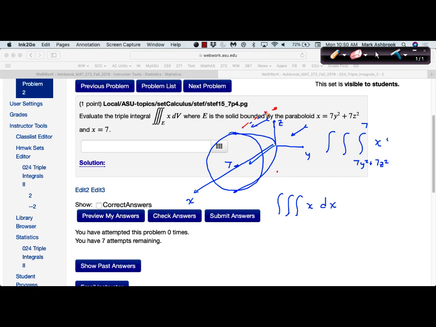As a circle. We can draw that circle. And what is its radius? So when x is 7, you're going to get the circle of radius 1.